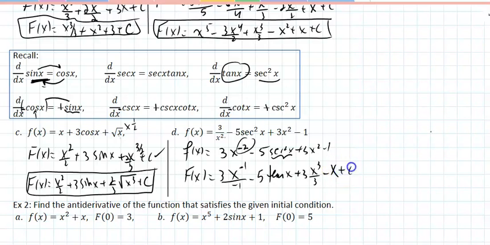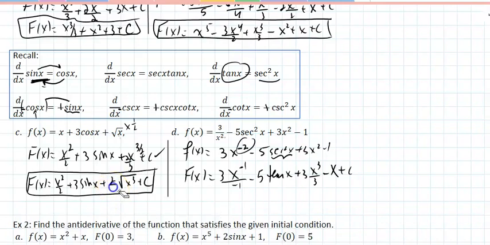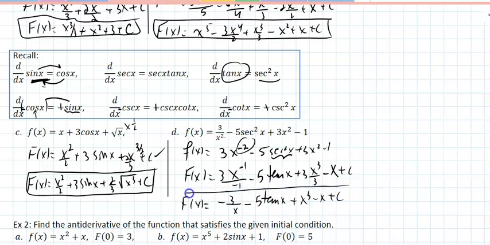That must have been x plus c. So if I simplify this a bit, F of x equals negative 3 over x minus 5 tan of x plus x cubed minus x plus c. And there it is.